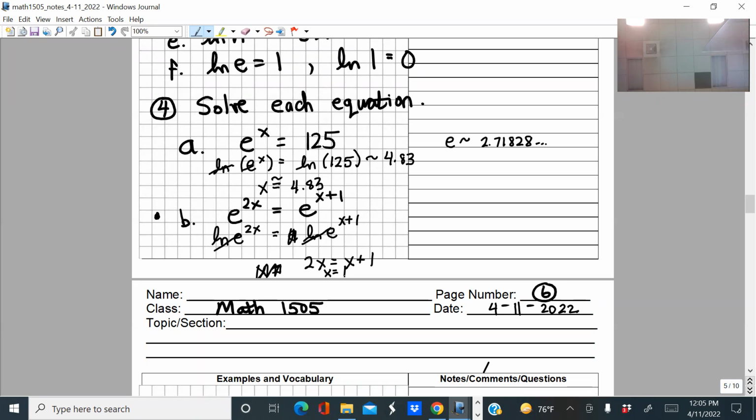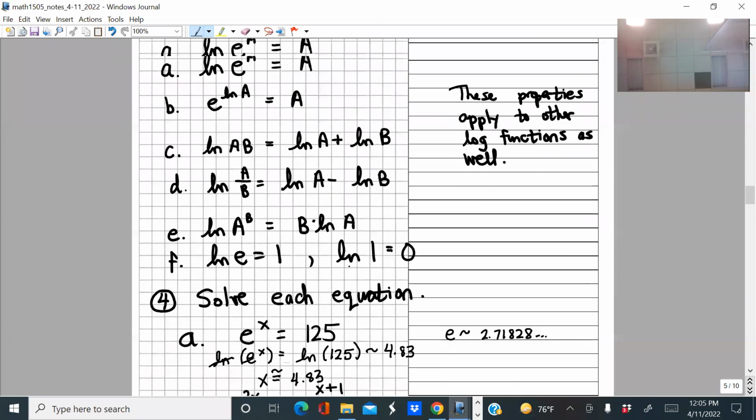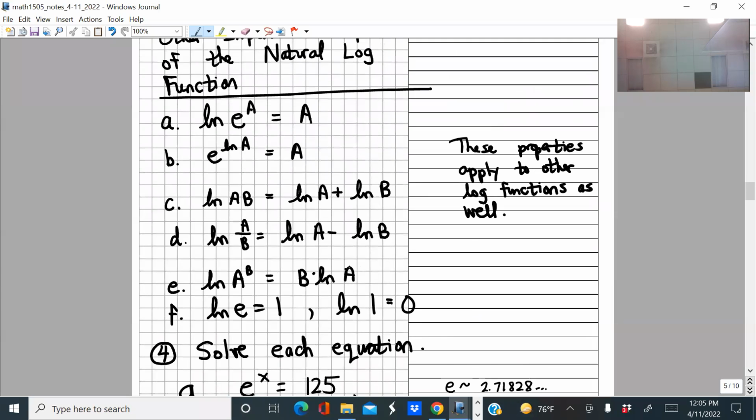We've got a lot more examples of equations to solve, and I mentioned we want to go through these properties because the natural logarithmic functions, in fact, all logarithmic functions, obey some really nice properties that make them unusually useful. Other functions don't obey these nice properties like logarithmic functions do. But we'll take that up next time.